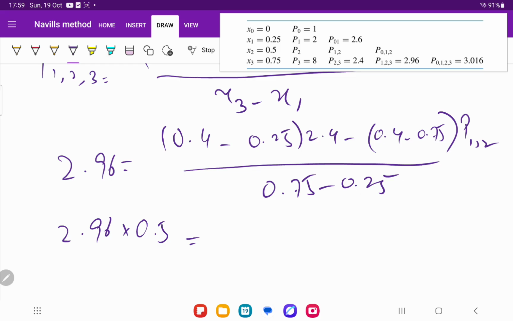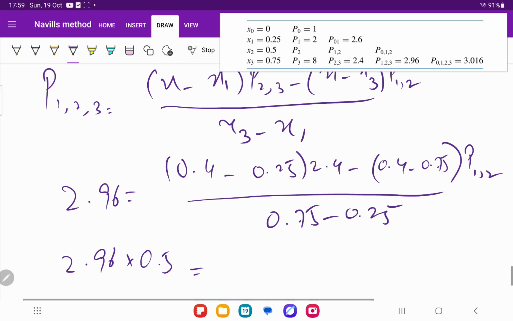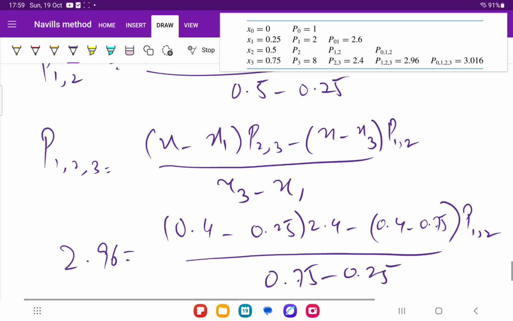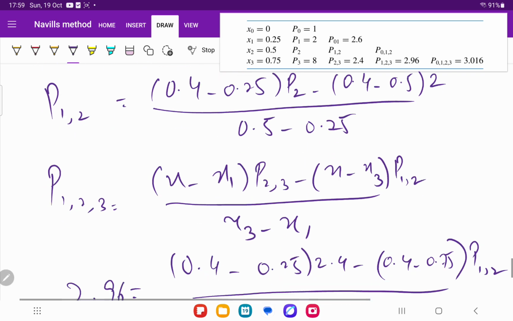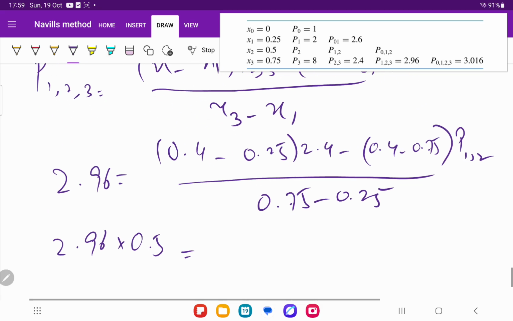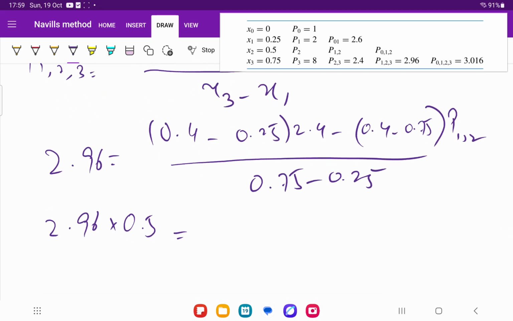So this is P12 and this is P123. Now I'm solving for P12.